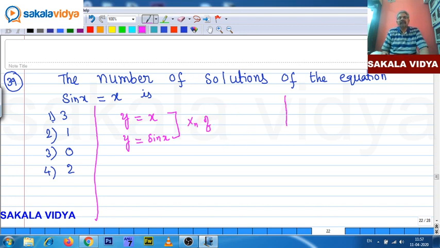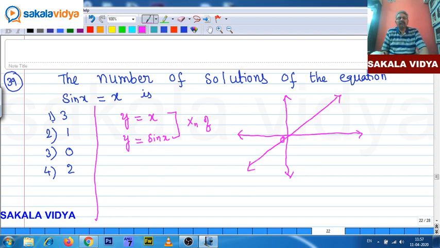Take like this, this is the origin, and the line y is equal to x passes through the origin.